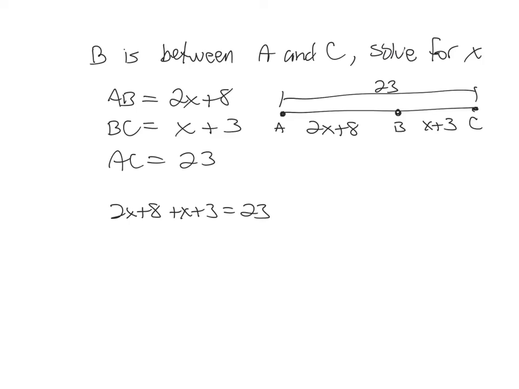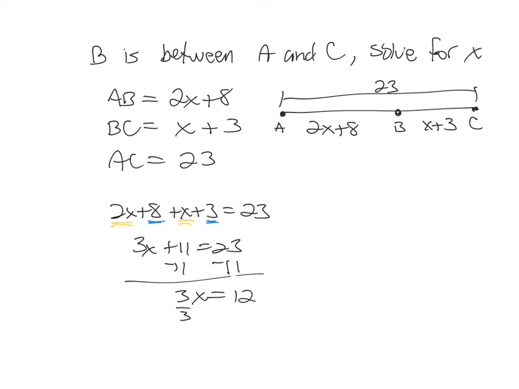So there's an equation to solve. So I can combine like terms, 3x plus 11, minus 11. That looks like a 4 because I was going too fast. Divide by 3. And x equals 4.